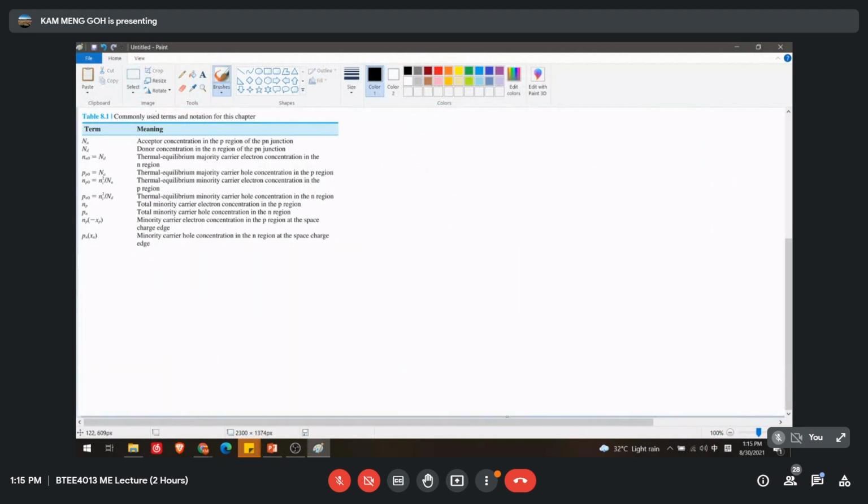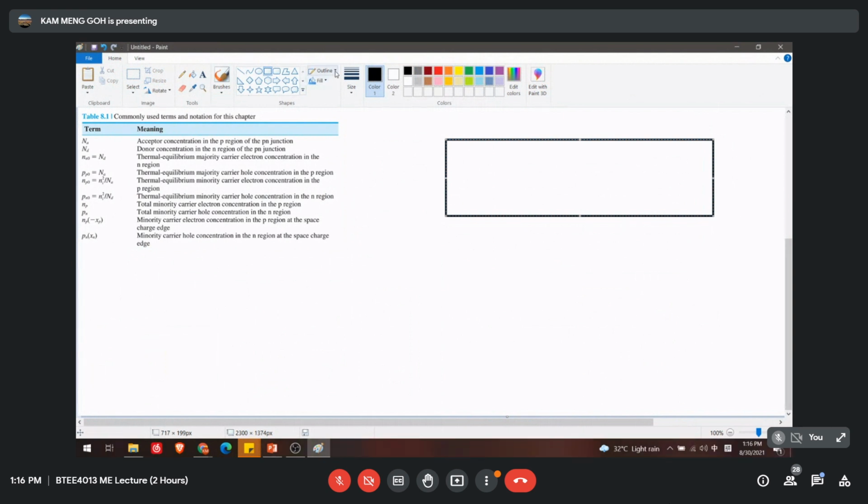Imagine if we have this, and also this one, and this one is in the middle. So this is the P and this is the N, with the space charge region.